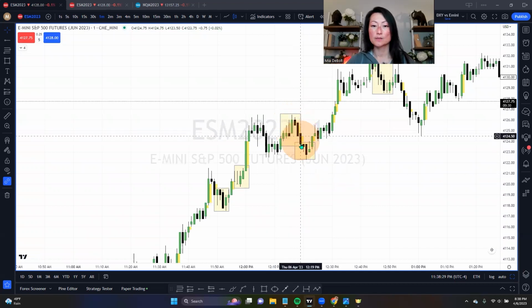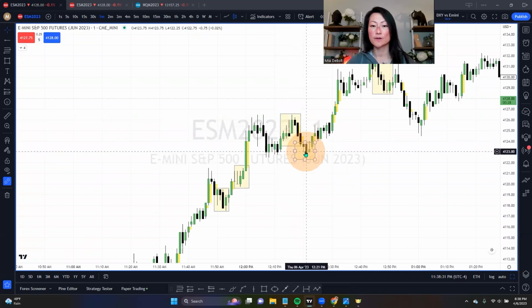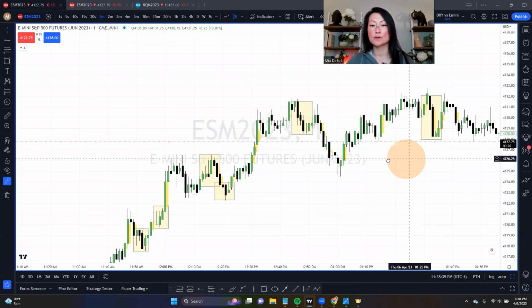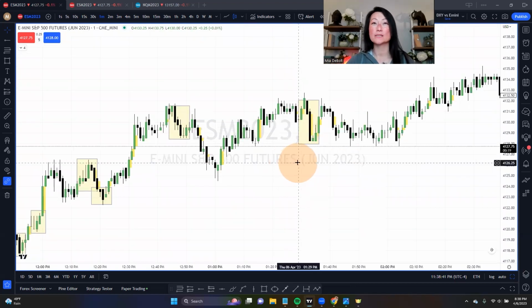So there's some propulsion down here, lots of overlapping candles here, and then we continue up. And so this is just more examples on the 1 minute. There's a whole lot of examples. However, it just comes down to the narrative of the overall. So doing a top-down analysis, watching for overlapping candles from the higher time frame to the lower time frame is really powerful.